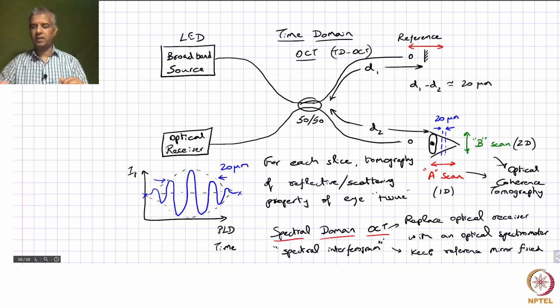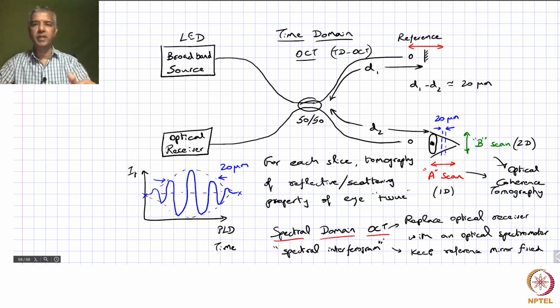And so it's not so alignment sensitive. In fact, you can just have a fiber whose facet is coated with a mirror. That itself is fine for a reference, and the only movement you still have to do is the B scan, because you do need to get information across the eye.